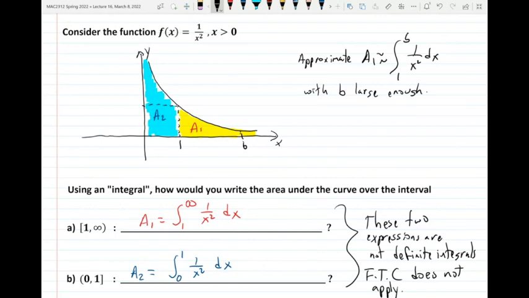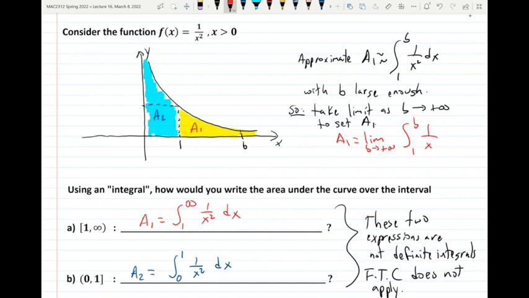Okay? So take the limit as b approaches positive infinity to get A1. So our A1 here is going to be the limit as b approaches positive infinity of the integral from 1 to b of 1 over x squared dx.